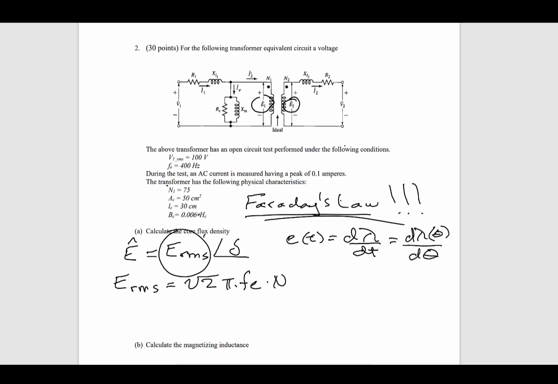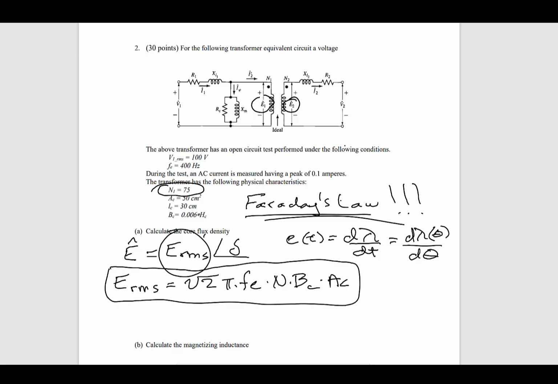We gave you the turns here, 75, times the flux density of the core times the area of the core. I think that's it. I did this from memory here. So that equation is what you use here.